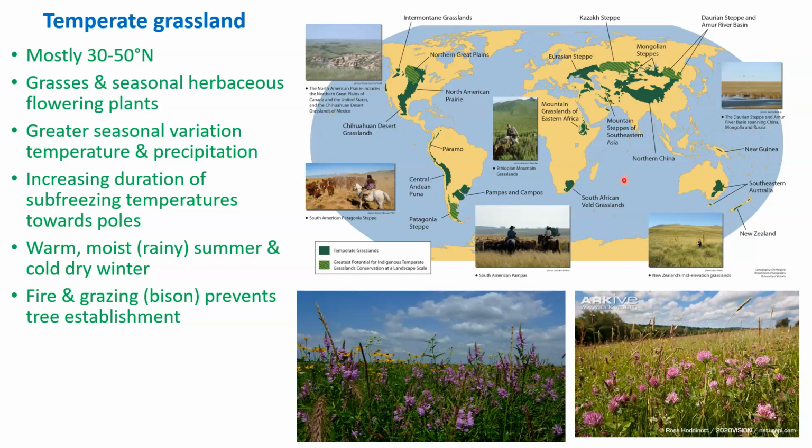Even if you go to other continents, the humans' evolutionary history is strongly connected to grassland environments, because grasslands are good, productive areas for farming and for hunting, right? So those environments have long interacted with humans.